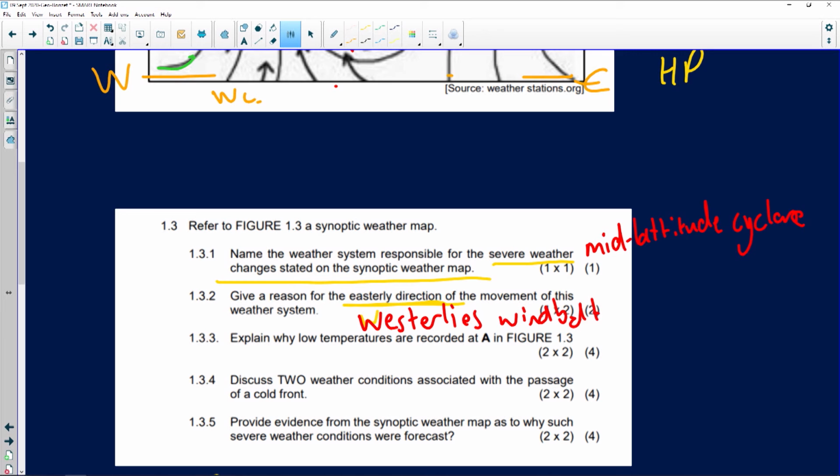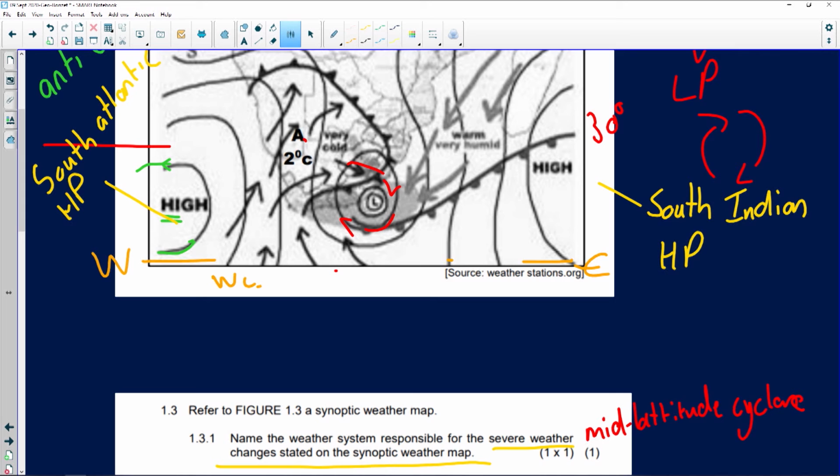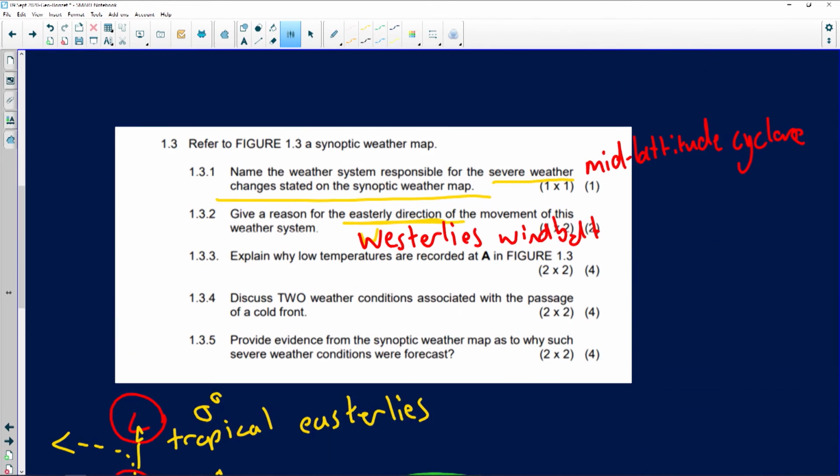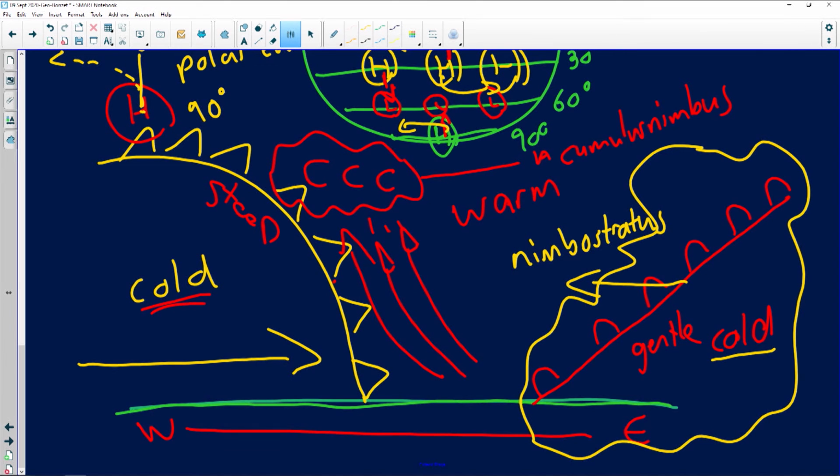Next question. Explain why low temperatures are recorded at A. As you can see, at A there are low temperatures, 2 degrees Celsius. They even mention very cold air. The simple reason, if we go to our cross-sectional point of view, is that this cold air has moved from west to east and displaced all the warm air. What do we have left?